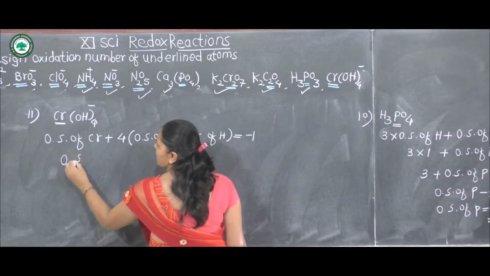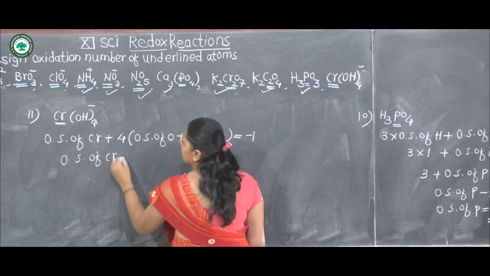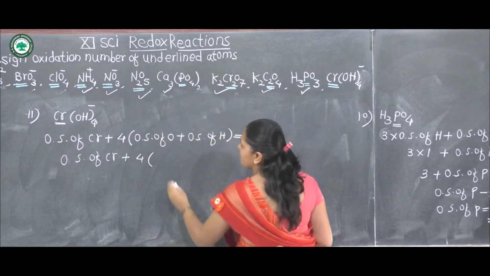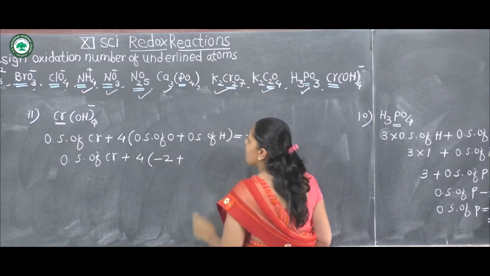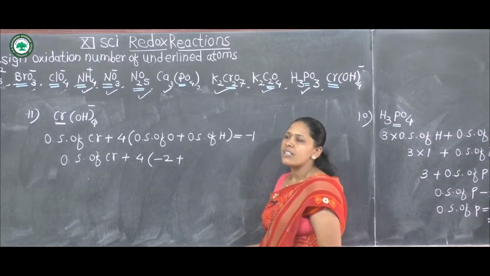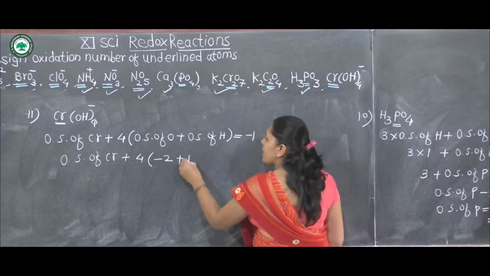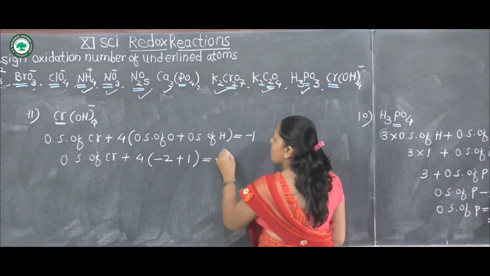The oxidation state of chromium plus 4 multiplied by the oxidation state of oxygen, -2, plus the oxidation state of hydrogen. We know that hydrogen is attached to oxygen, which is a non-metal, therefore +1, is equal to -1.